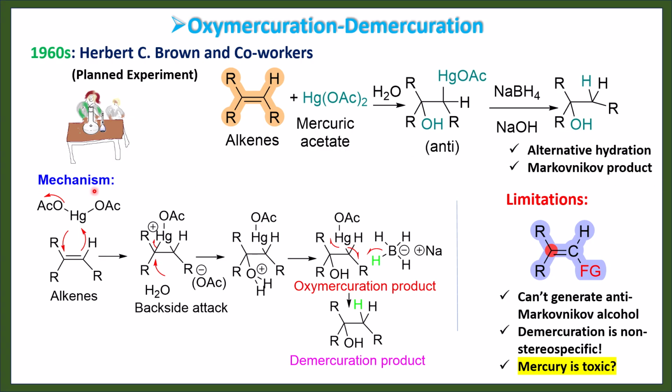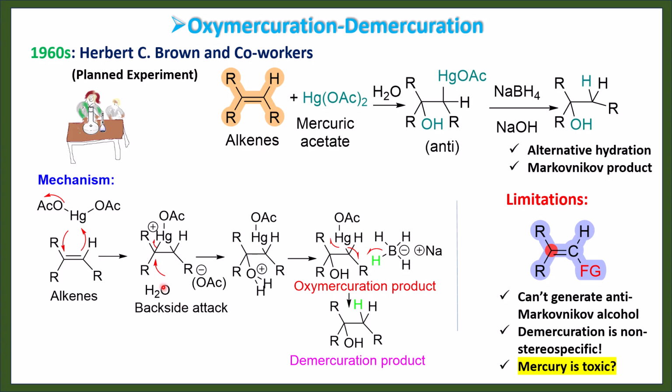Now this is the mechanism we can see, the oxymercuration mechanism. Here the alkene double bond undergoes addition to this mercuric acetate in a concerted way and gives this cyclic mercurinium intermediate. Further, as water is the solvent and present in larger amount, it acts as a nucleophile and undergoes addition by backside attack.